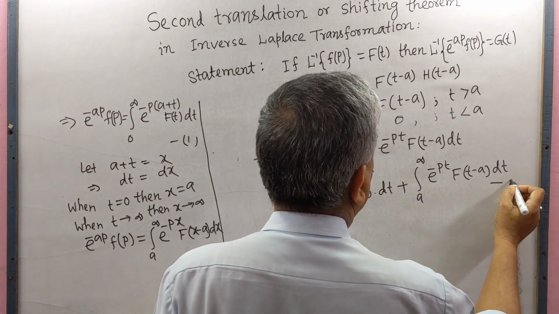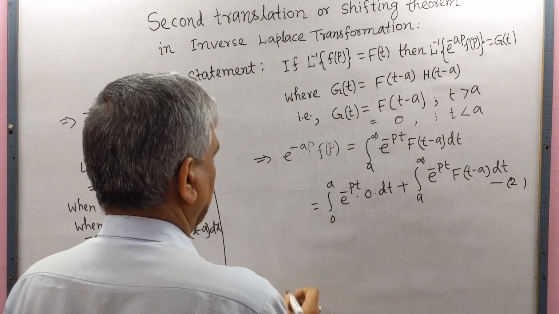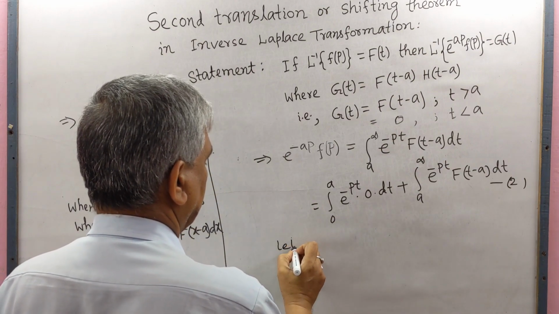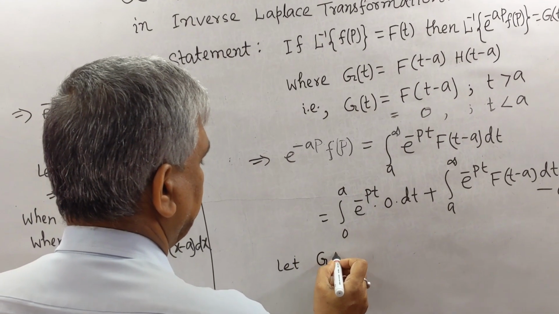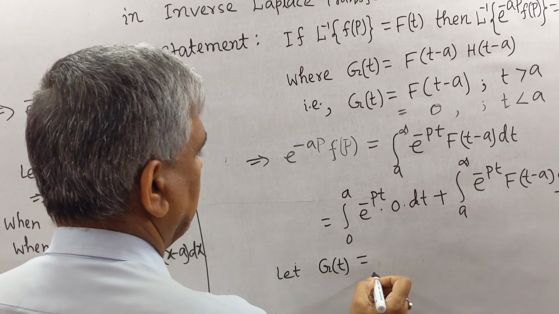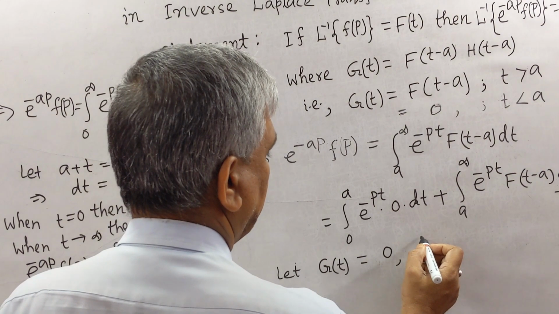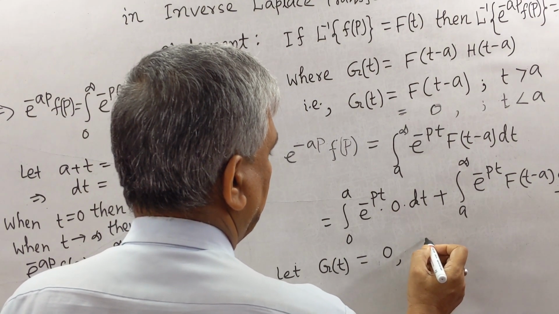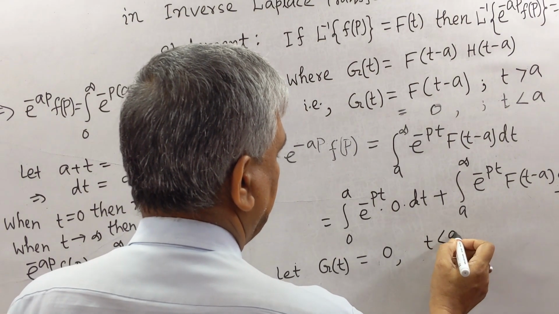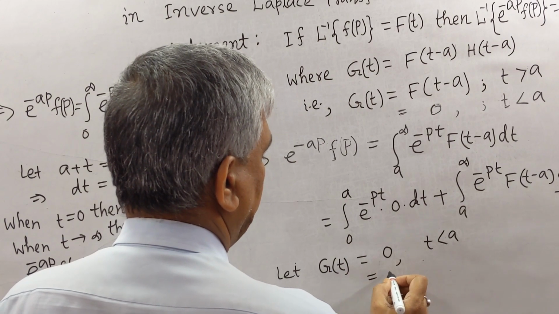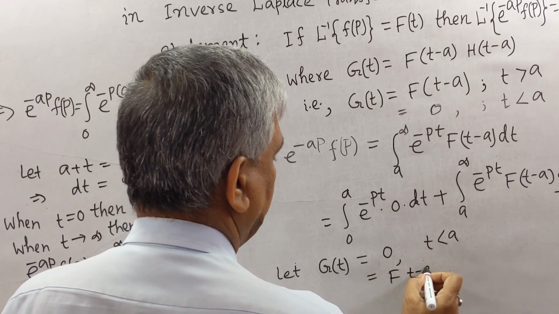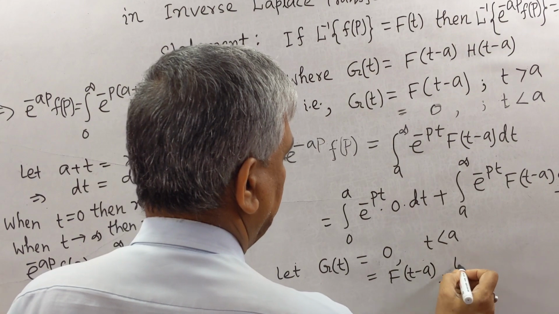This is number 2. Let g(t) equal to 0 for t less than a and equal to f(t minus a) for t greater than a.